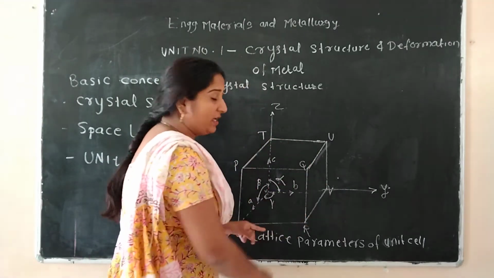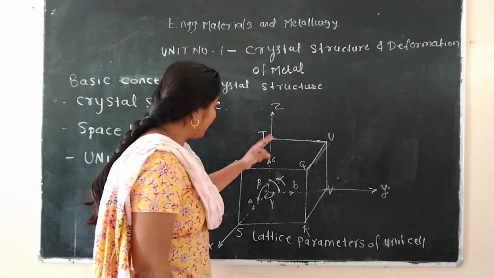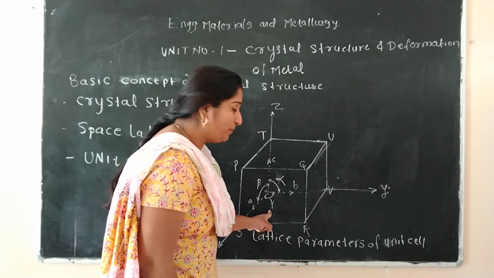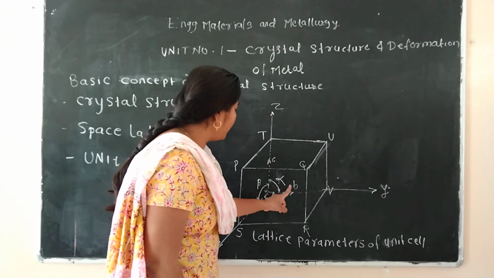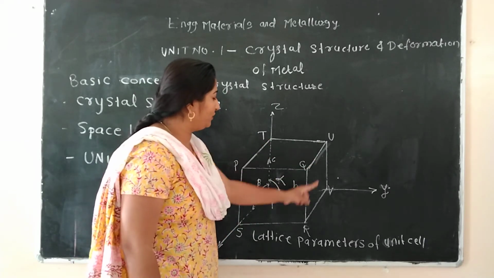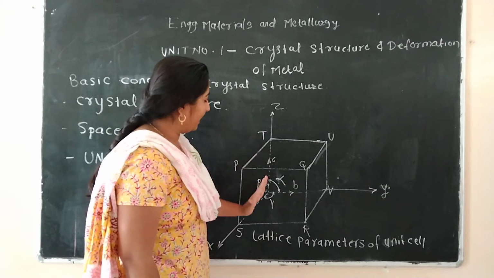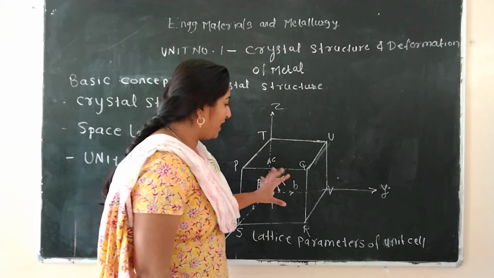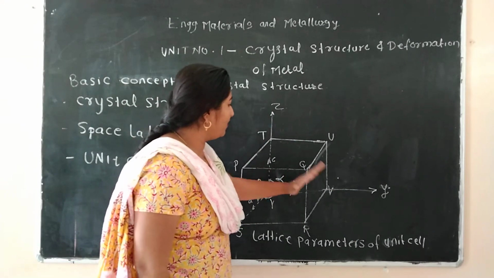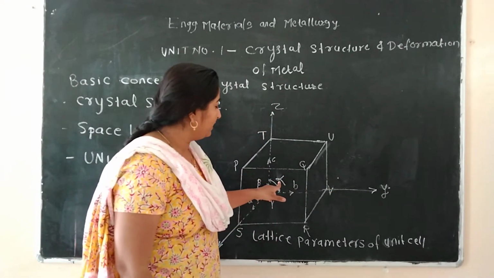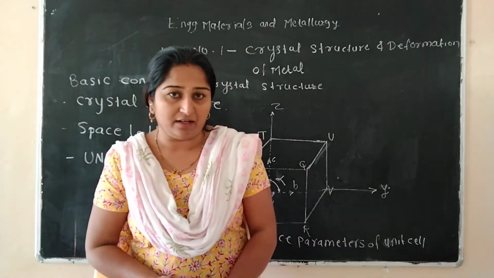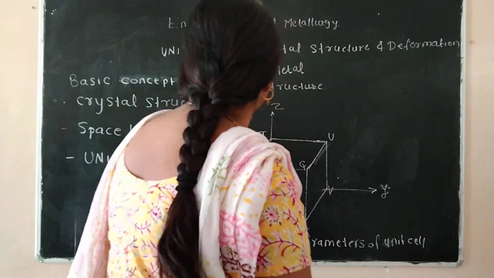It's one cube that is defined with the angles alpha, beta and gamma and the parameters A, B, C. The distance between every corner point on the axis defines the unit cell, and the angle between two axes, the Z and Y axis, makes angle alpha.